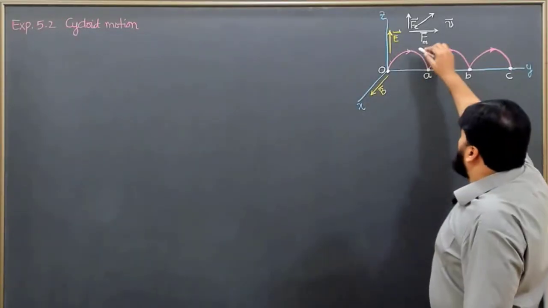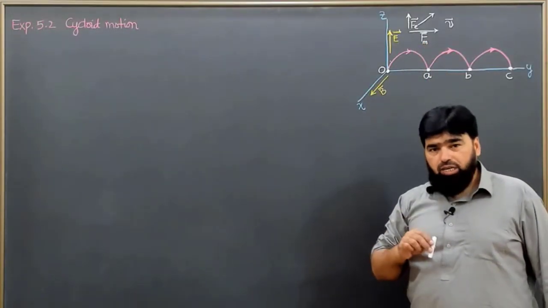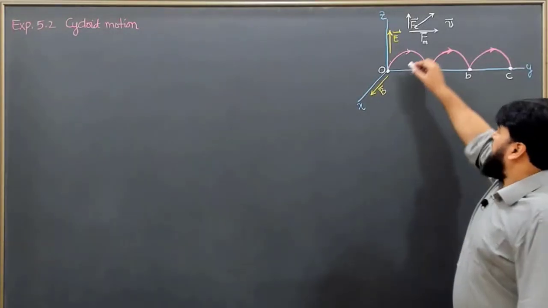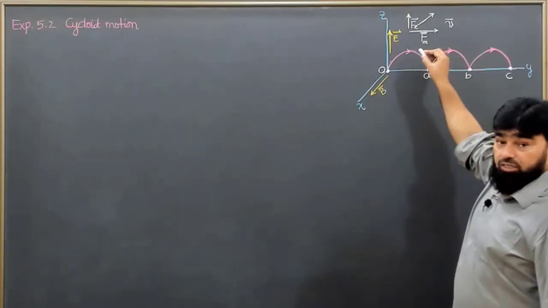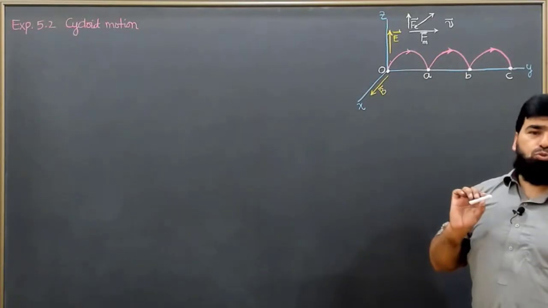So it will go against the electric field, and as it does, the electric field will resist this motion and its speed will decrease. As the speed decreases, the magnetic force will decrease.